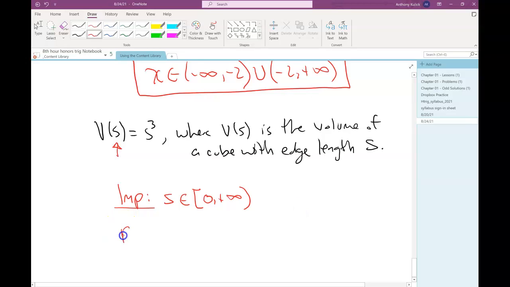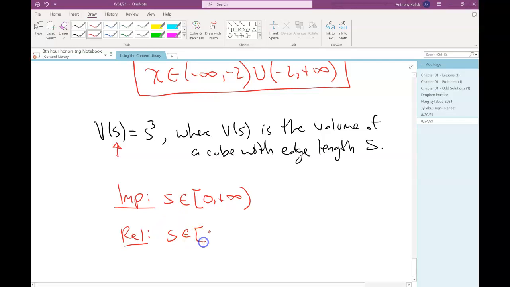Okay. The relevant domain, then, I'm going to look at the function. What operations are involved in this function? An exponent, which is really the same thing as repeated multiplication, right? S cubed is just s times s times s. Is multiplication ever a problem? No. So what does that tell me?